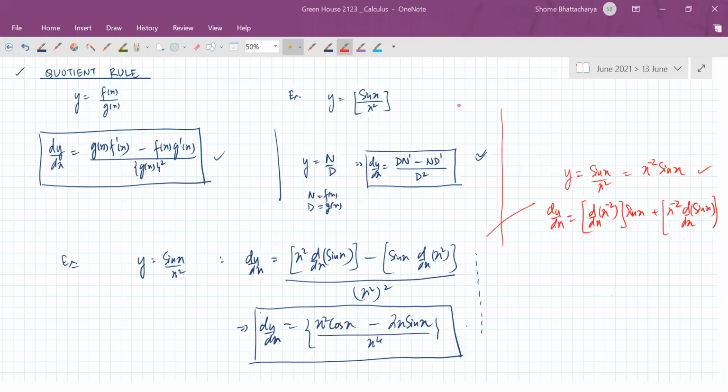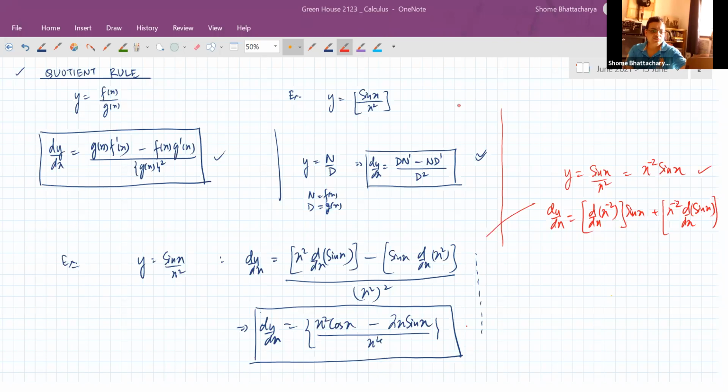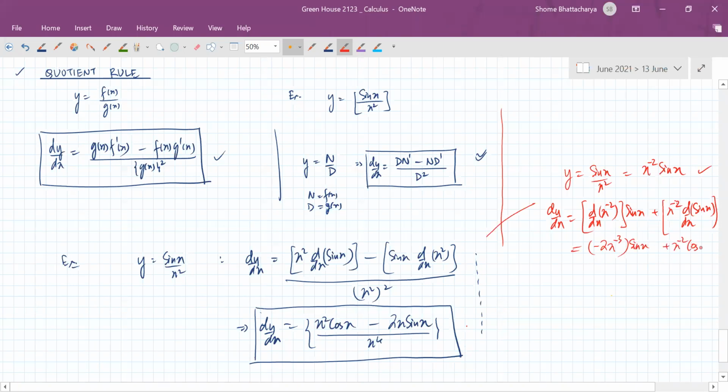Got it. Whereas if I want to convert it like this, that it is something into sin x in the numerator, then to bring x square in the numerator, I have to write it as x to the power -2. So differentiation of x to the power -2 in this case is how much? -2 x to the power -3. And differentiation of sin x is cos x.